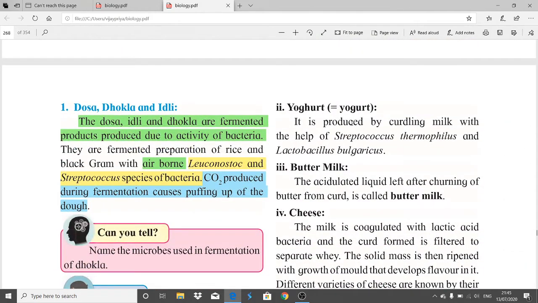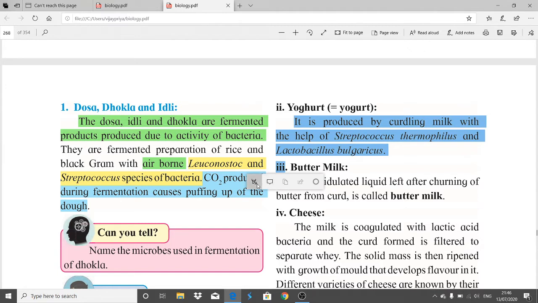Yogurt. It is produced by curdling milk with the help of streptococcus. Now, do you understand the names of microorganisms? They are changing. Lactobacillus, the name is same, but the next half part of the microorganism name is changing. Okay, why is it? Because we are changing the product which is getting formed from the milk.